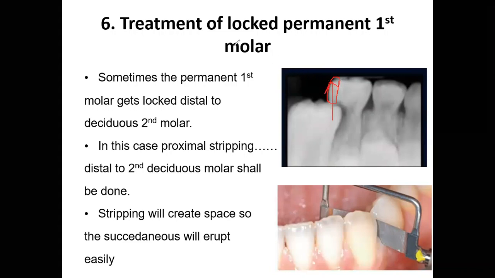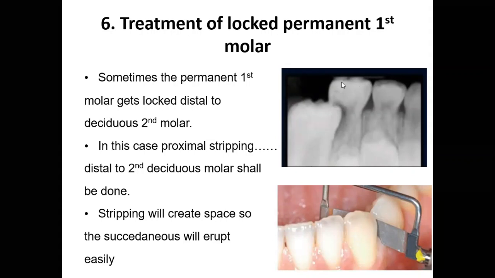I hope it is clear up till here why we are doing this stripping or slicing, because we want this permanent tooth to erupt into the oral cavity. Please do understand that slicing is not that simple.